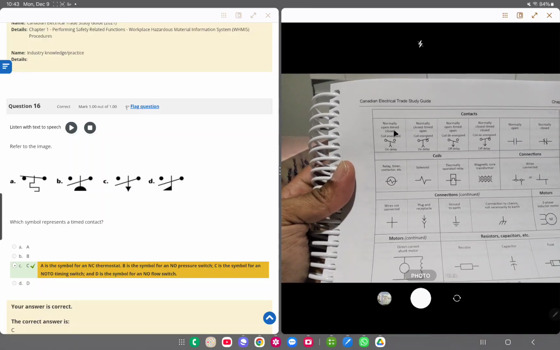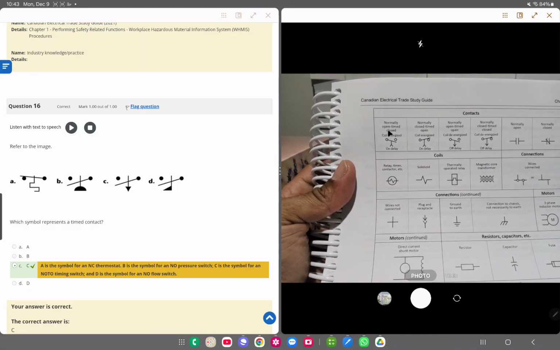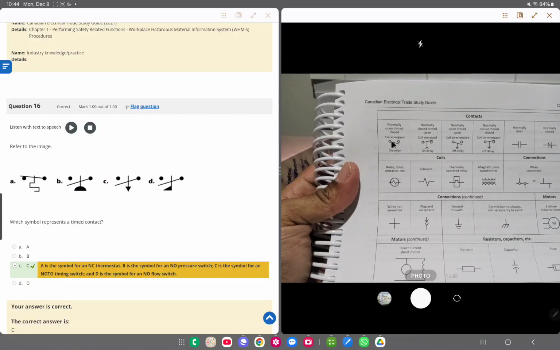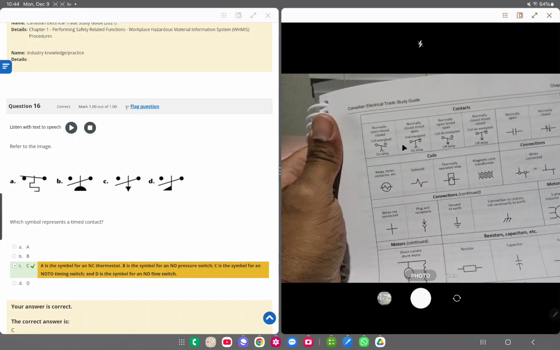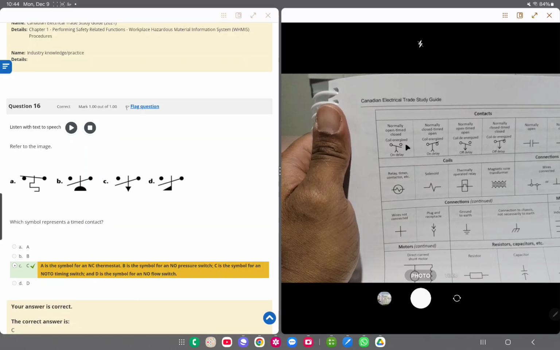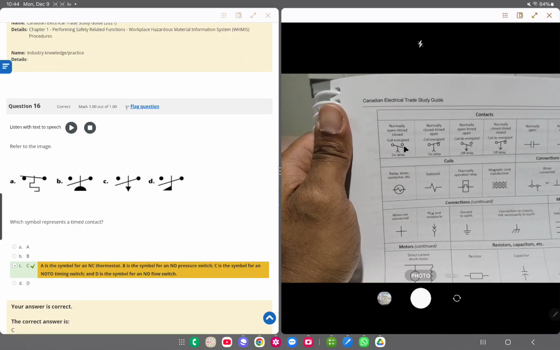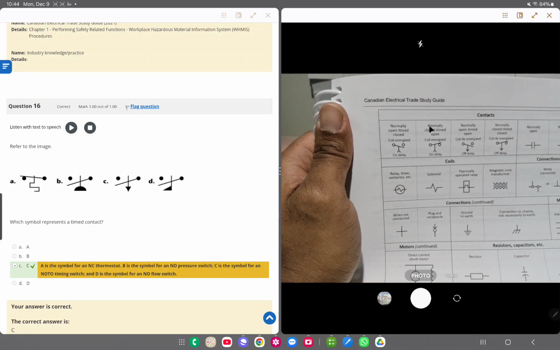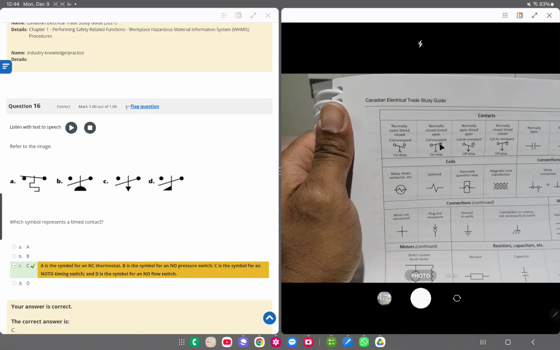On the other page, we have a normally open time to close. You can see that the line is below the contact on the right, meaning that it's normally open, and the arrow pushing up means it's time to close. Normally closed, time to open: the line is above the right contact, so it's closed, but the arrow is pushing up, meaning that it's timed to open.